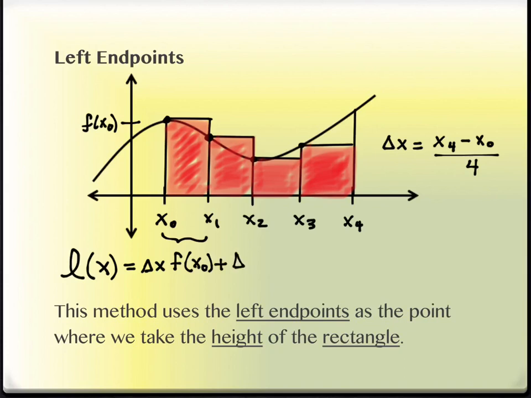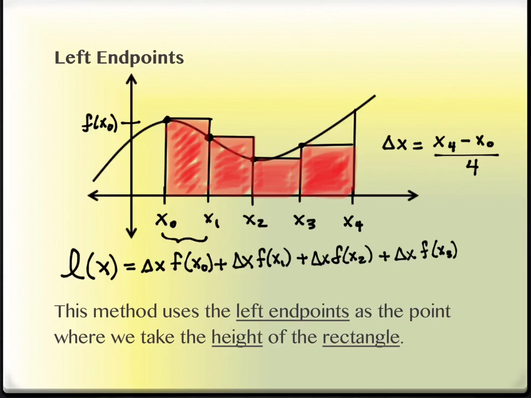So the second one is delta x, and it's the function at x1, the y value at x1, plus delta x, and it's the f of x value at x2. And the last one is delta x, and it's the f of x value at x3. Now notice there's no f of x4, because we didn't use that height for any of our rectangles on this particular calculation.